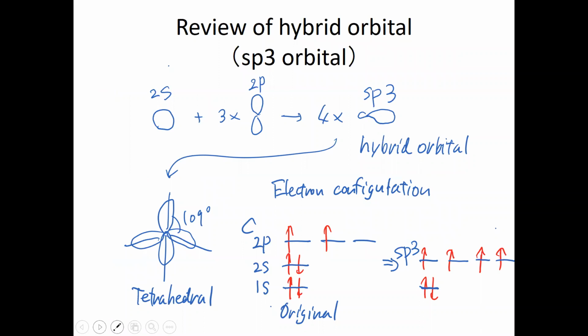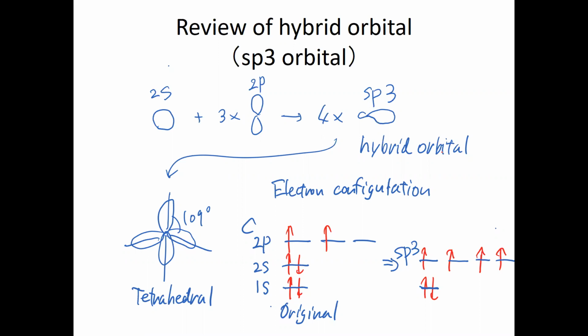So coming back here, let's start with a review of the hybrid orbitals. As chemistry students probably know, start from the sp3 orbitals. Carbon has a 2s orbital and three 2p orbitals, and when they are mixed, 4 sp3 orbitals are formed, right? This is called a hybrid orbital.